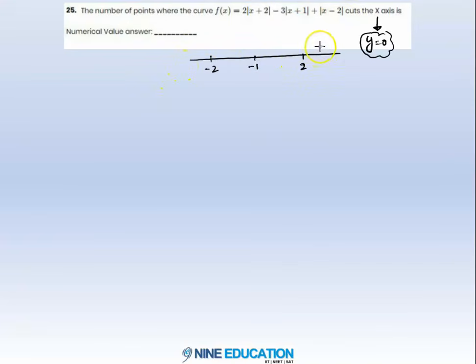So if I use x values greater than 2, in that particular case, for x greater than or equal to 2, my function value f(x) will be equal to 2 times of x plus 2, the mod can be removed easily, then minus 3 times of x plus 1, and even the last one can be removed as it is, so it is x minus 2.